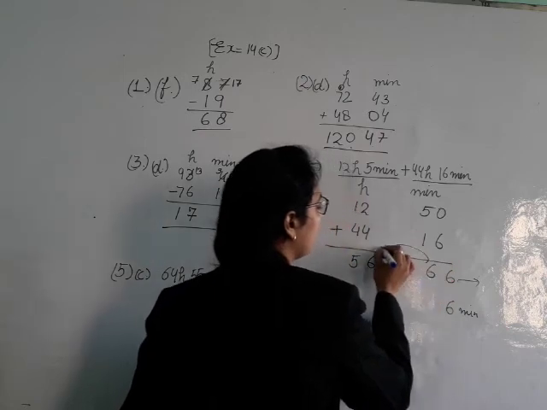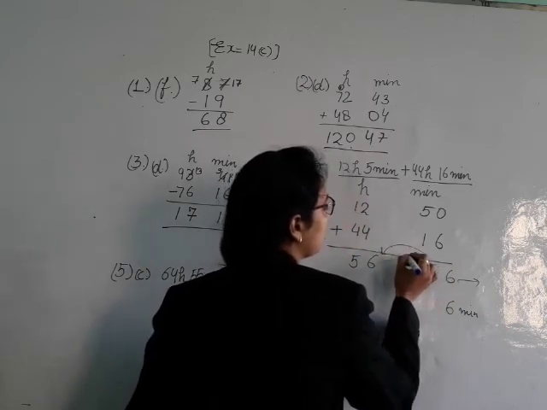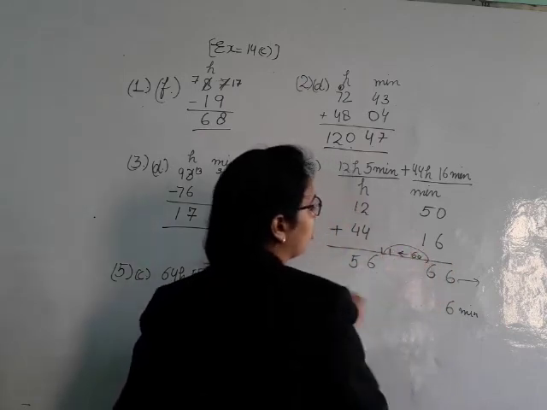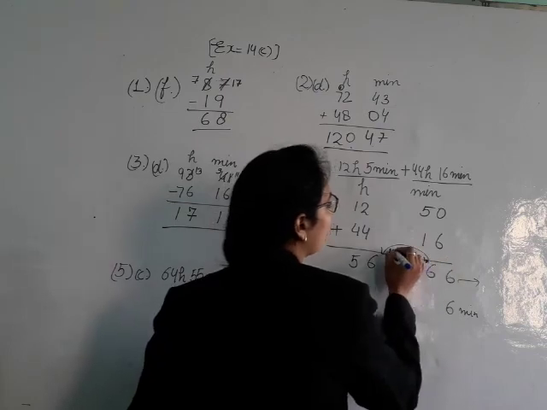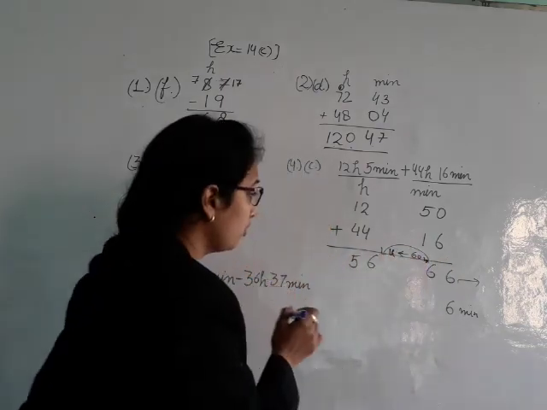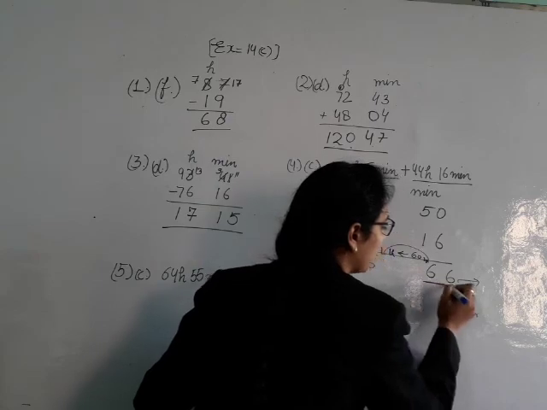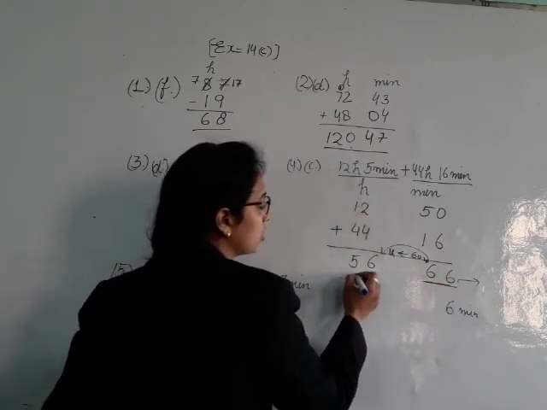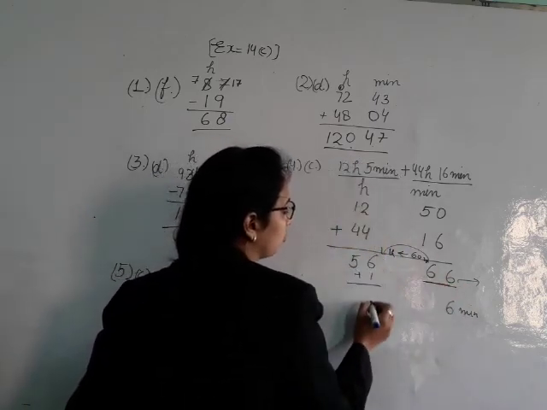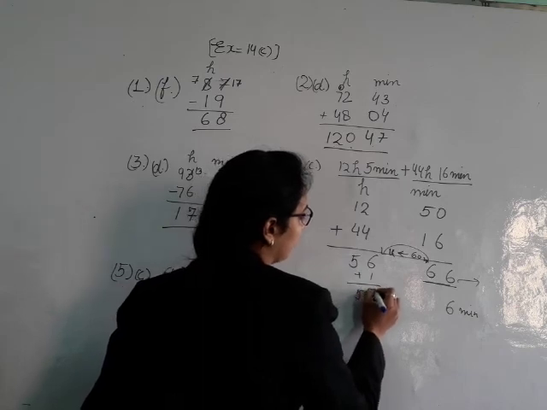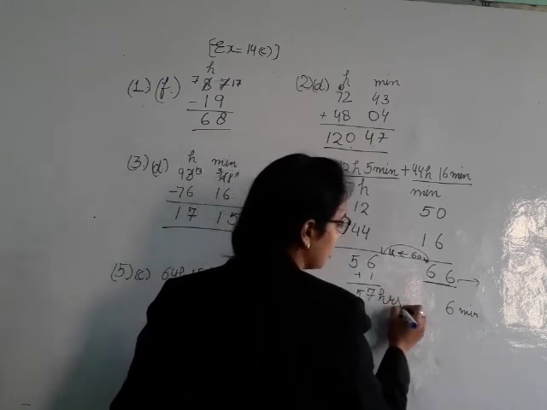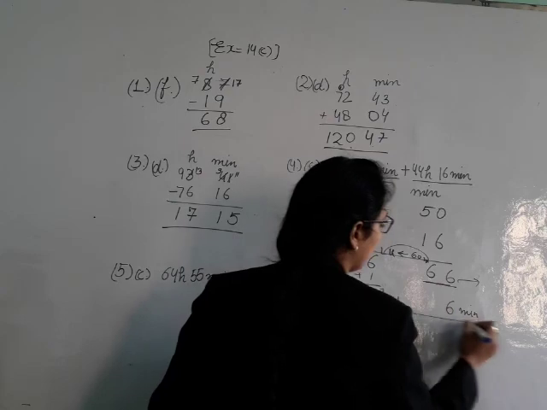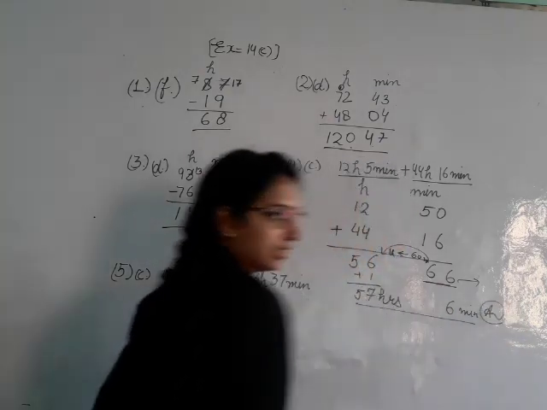And 1 hour we have already given here, so since we deducted 60 minutes, 1 hour will be added here. So if we add this, it will be 57. That means 57 hours and 6 minutes is your final answer.